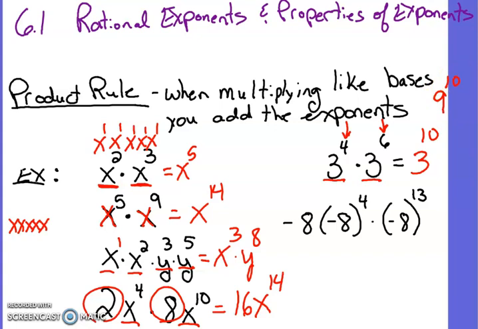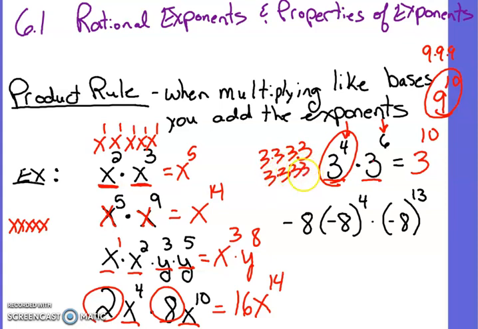Again, the base doesn't change, but if you actually take 9 to the 10th, that literally means 9 times 9 times 9, 10 times. That's really not what's taking place. This is 3 times 3 times 3 times 3, and this is 3 times 3 times 3 times 3 times 3 times 3. So there are 10 of the 3's, not 10 of the 9's. Don't change the base.